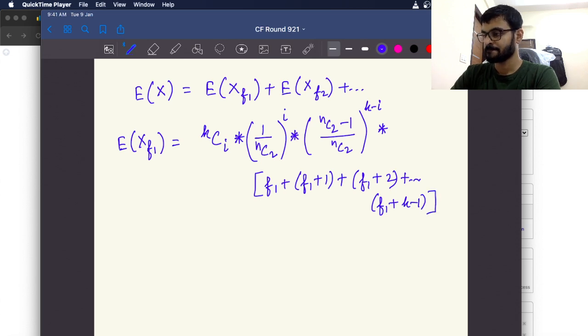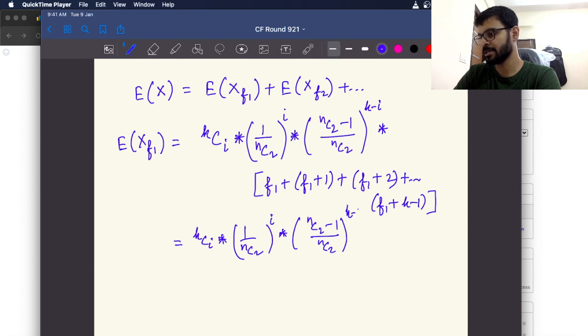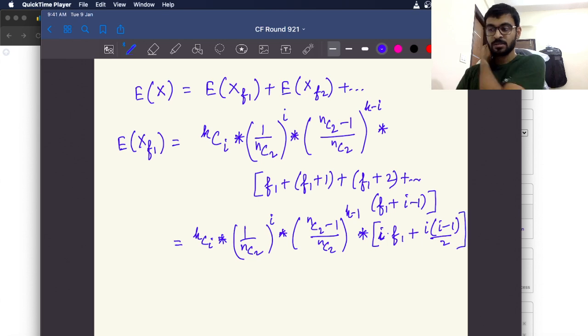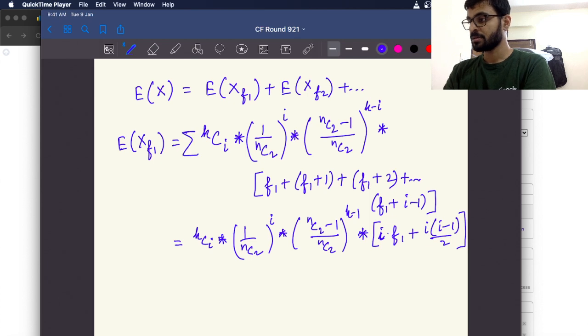It's i minus 1 over here, because I'm adding i times f1 plus the numbers up to i minus 1, which is i into (i minus 1) by 2. This boils down to kCi multiplied by (1 by nC2) to the power i, multiplied by ((nC2 minus 1) by nC2) to the power k minus i, multiplied by (i times f1 plus i into (i minus 1) by 2). I have to sum this up for all i from 1 to k.